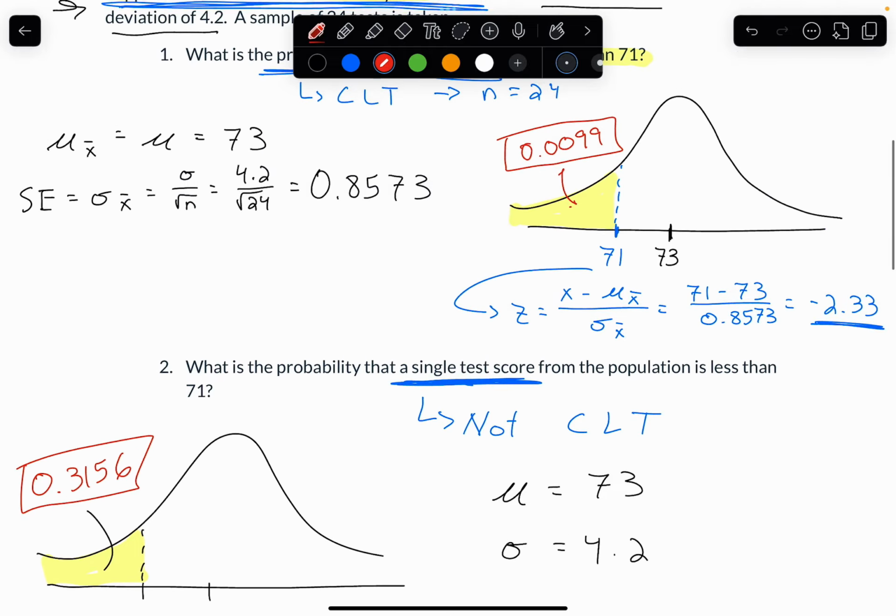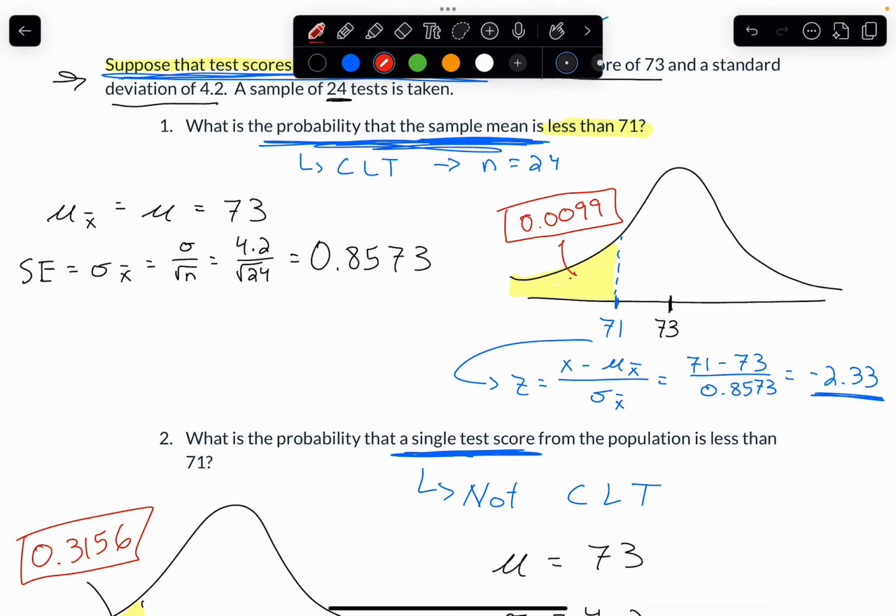So the thing that we're going to want to pay attention to in these problems, the kind of trick that we might run into from time to time, is are we talking about the probability regarding a sample mean, or are we talking about the probability of a single value from our population? If we're talking about the sample mean, that always means that we're going to use our central limit theorem.